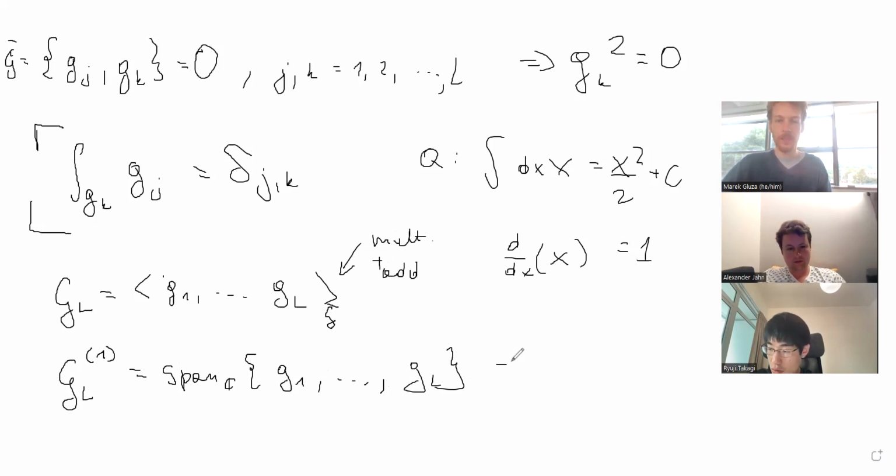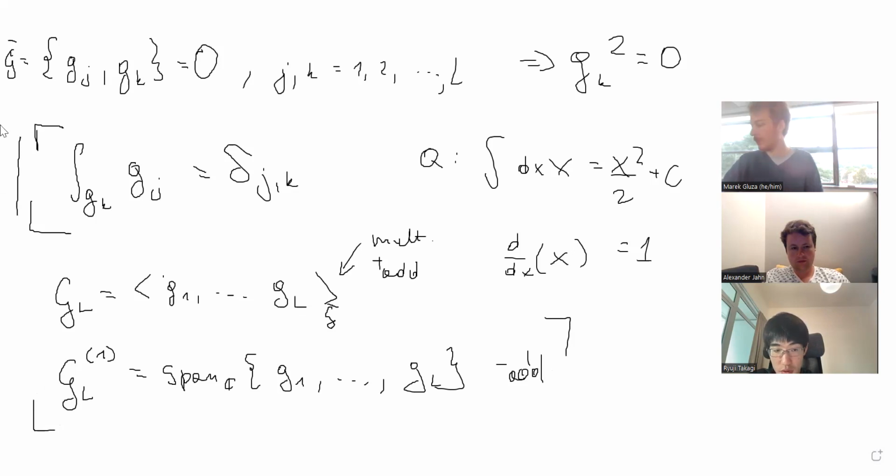And here I only have addition. And if I start multiplying them, I will go to higher order. But now I would like to focus on this span of g_1 to g_L to show that already this definition is creating an interesting definition for us for the integrals.